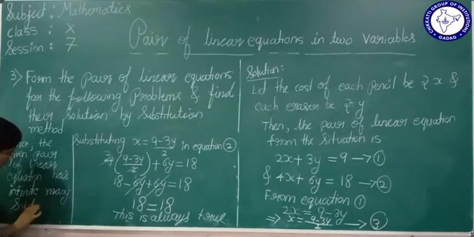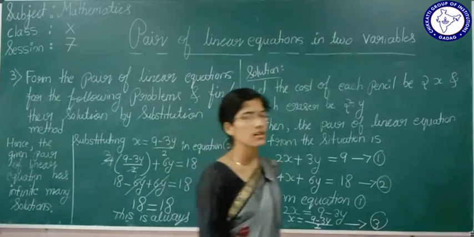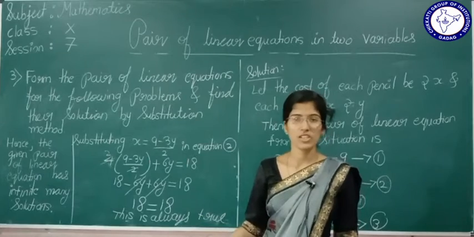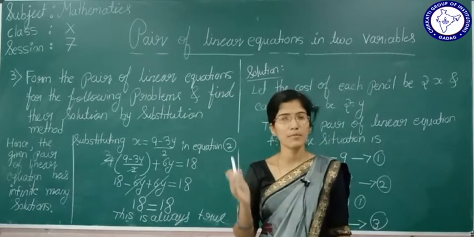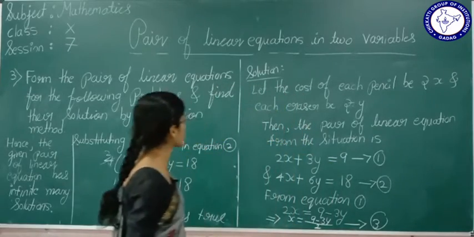Infinitely many solutions. Is it understood? Here, see why we are getting this: this pair of linear equations has infinitely many solutions. Is it understood? Now we will see the third problem.